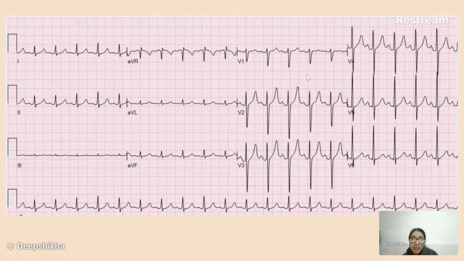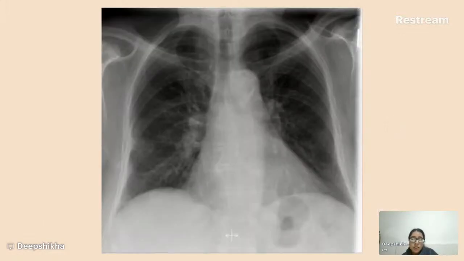No left or right axis deviation, no bundle branch blocks that we can see of any kind. You do the chest X-ray, and find out that it's actually completely normal. No acute opacification, no blunted costophrenic angle, no lymphadenopathy present, trachea central, no loss of lung markings, and it looks like a normal chest X-ray.